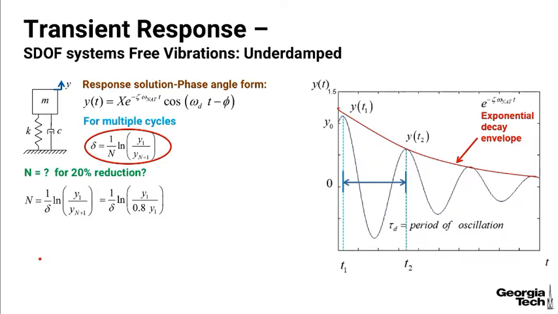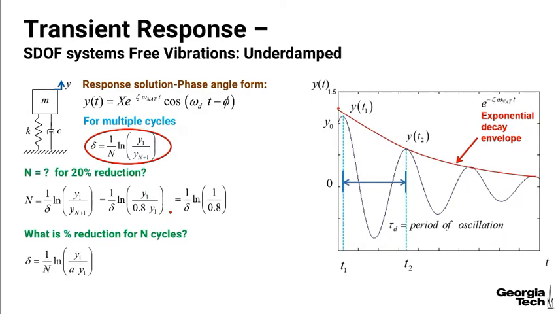Since I want to decay 20%, the first peak is going to be y1, and the second peak was going to be 80% of y1, so it decays by 20%. And so if you take the natural log, the y1's cancel, natural log of 1 over 0.8 times 1 over delta.